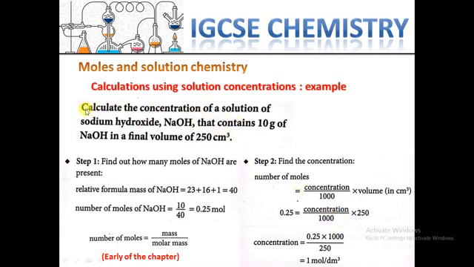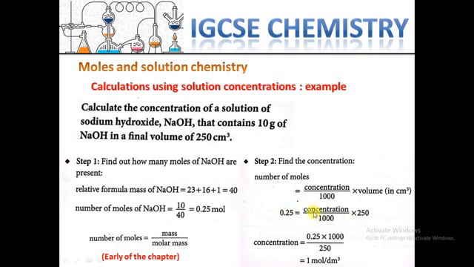If you read the question carefully, it asks you to calculate the concentration. So we just leave the concentration here, and the volume is 250 cubic centimeter, as the question gave us.